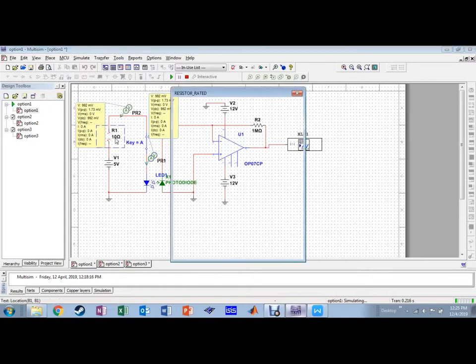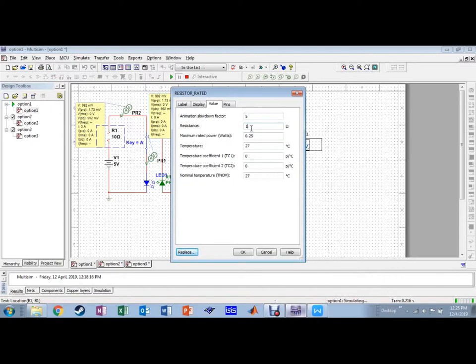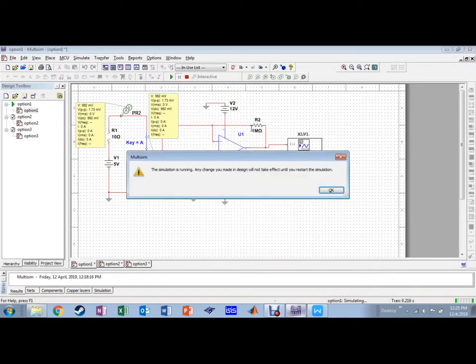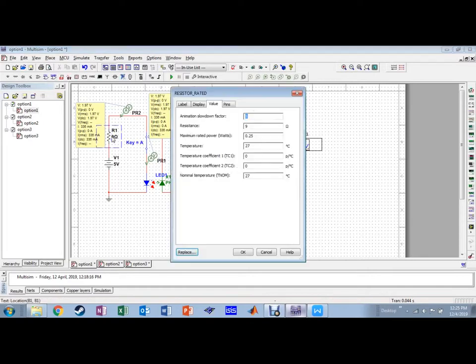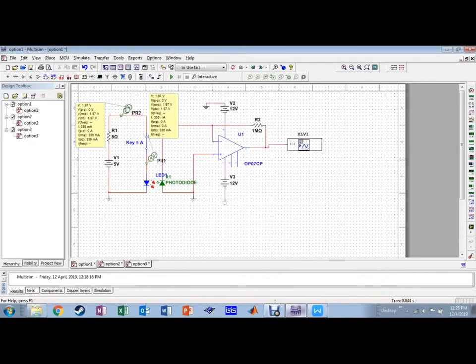Try to change it to 9 ohm. Run it. Okay, here the voltage and the current change to 1.97 volt and 336 milliampere. So let's try for 8 ohm. Run it.